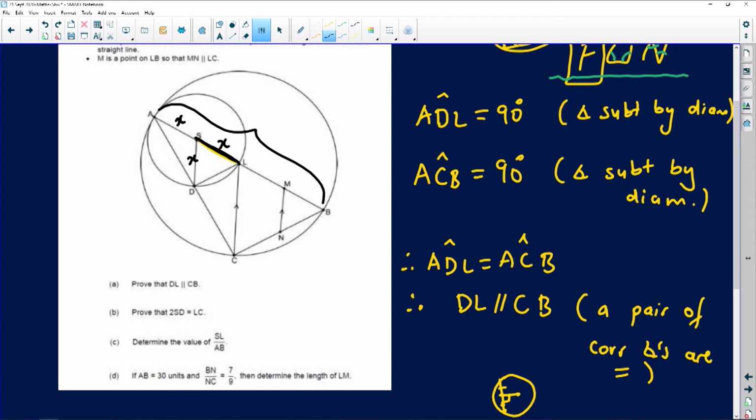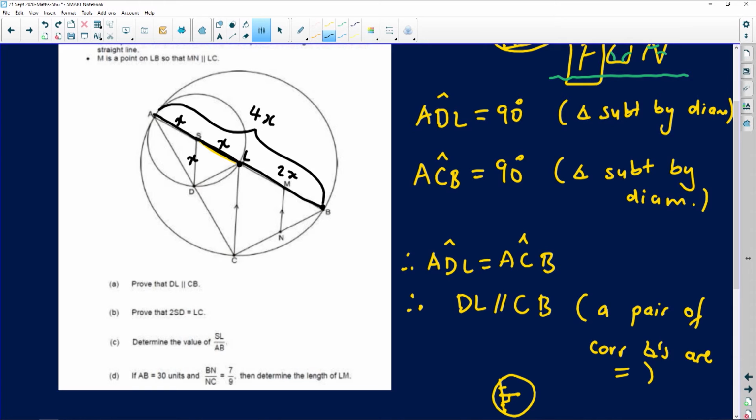Now, since L is the center of the big circle, from A all the way to L, I'm looking at 2x. That means this will also be 2x in total. I don't know what's going on with M, but I just know that from L all the way to B, we are looking at another radius of the big circle. That makes the entire thing equal to 2x. What does that mean about the whole of AB? You've got 2x, x and x, so it therefore makes it equal to 4x.